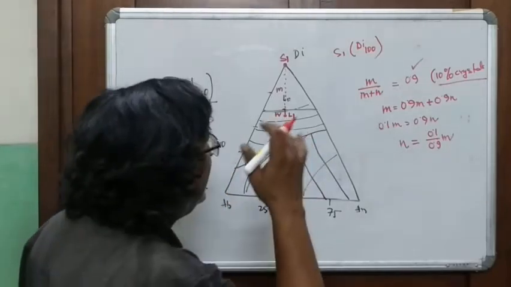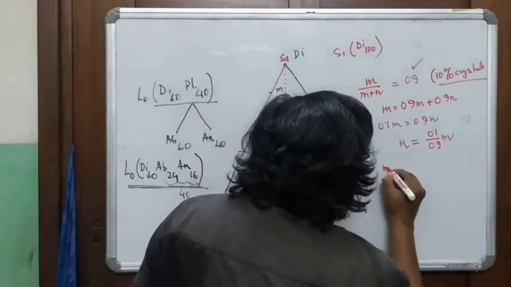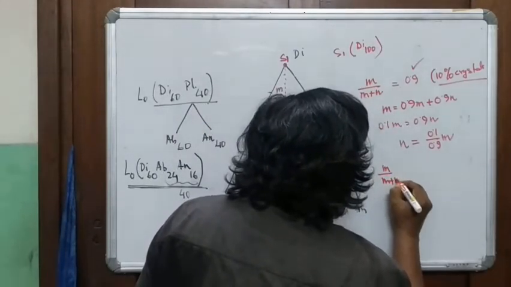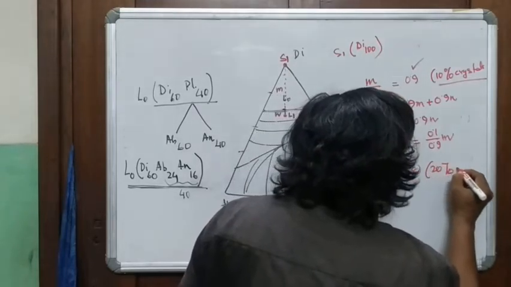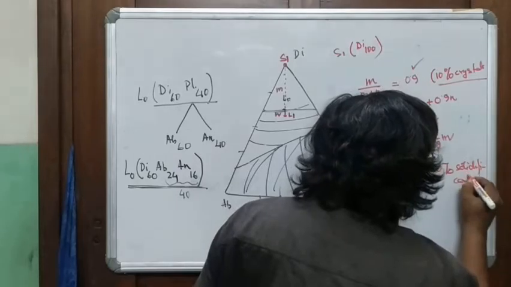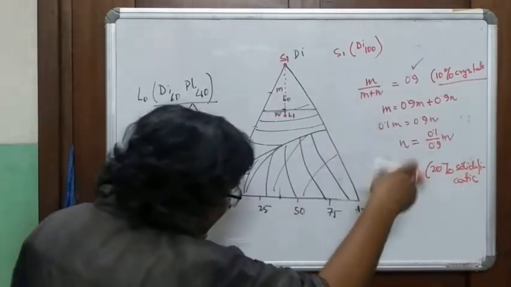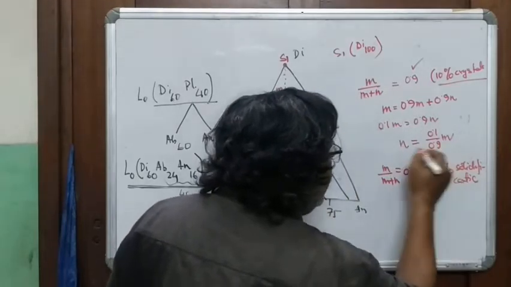If you say, no, 20% crystallization, fine. So M divided by M plus N is equal to 0.8, 20% crystallization or solidification. You go over the back calculation and you will turn up with a relationship between N and M.